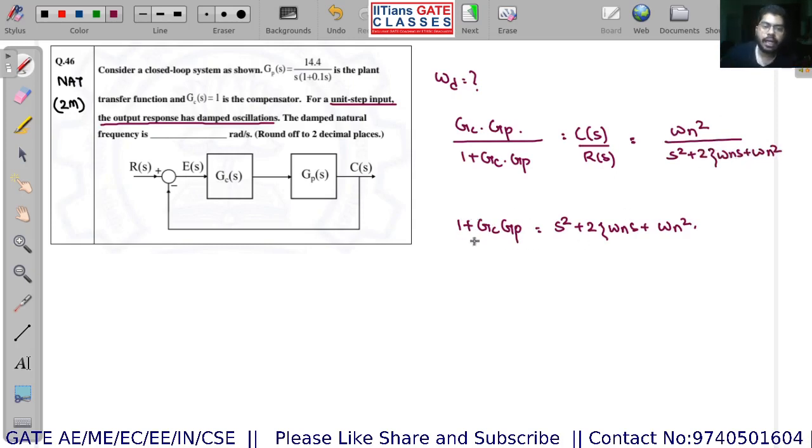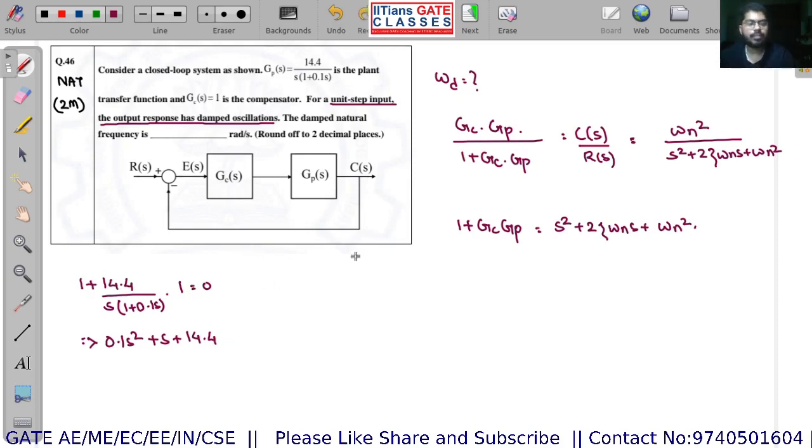So now directly if I substitute, 1 plus 14.4 divided by s into 1 plus 0.1 s, into 1, equal to 0. So this is 0.1 s square plus s plus 14.4.